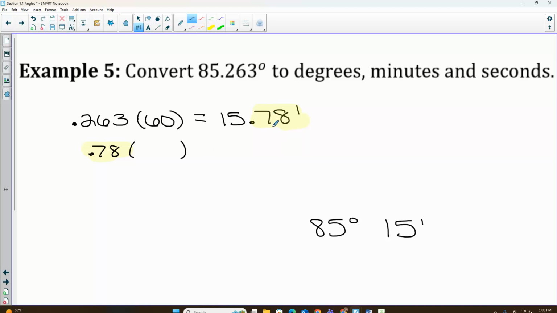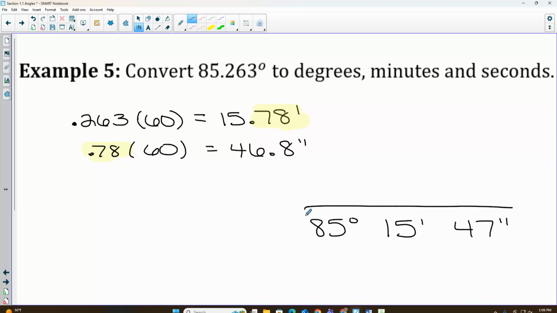But this is currently minutes, and I want to go to seconds. So what do I multiply by? 60. Just 60. And that gives me 46.8 seconds. So for the seconds, we just round to the nearest whole second. So we have 85 degrees, 15 minutes, 47 seconds.